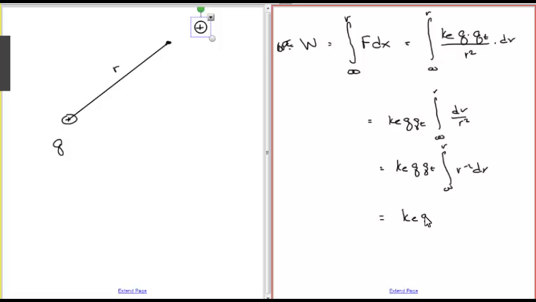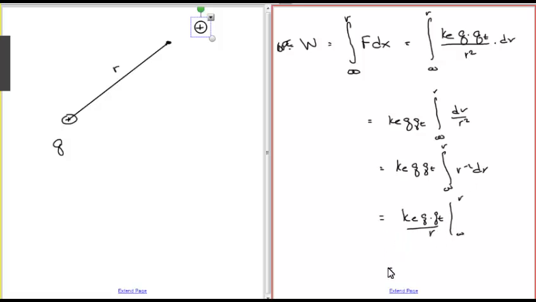So you get k sub e Q times the test charge divided by r, evaluated from infinity to r. What's going to happen here is that at infinity, you divide by infinity, so it's 0 at the lower limit. And the upper limit is just going to be r, so you plug that in there.